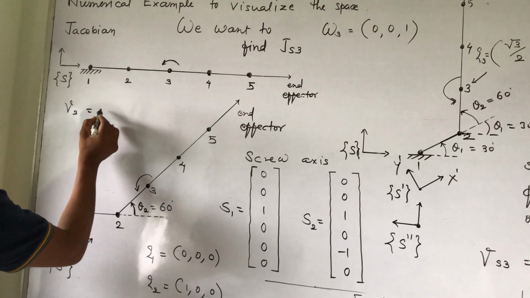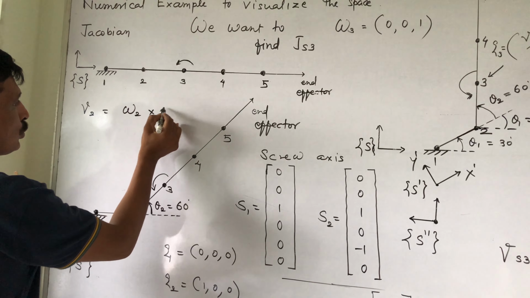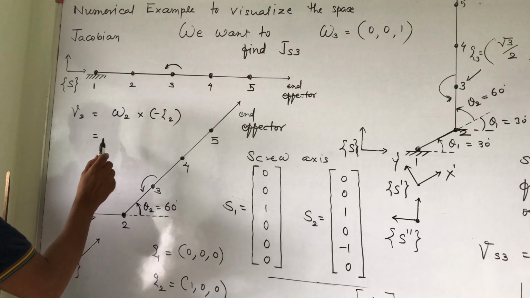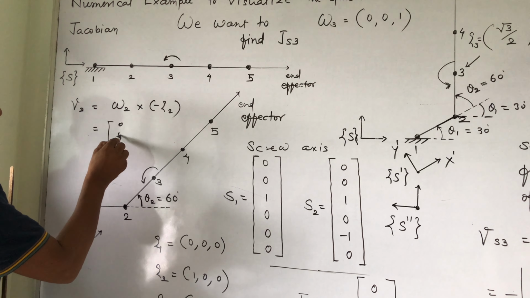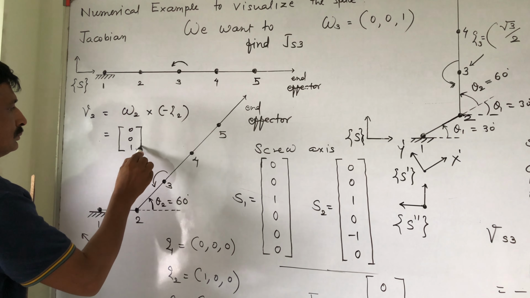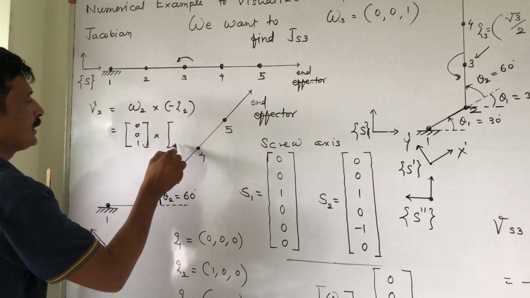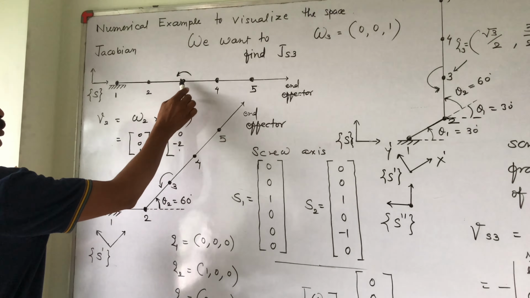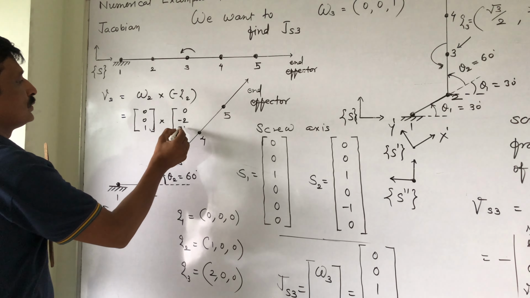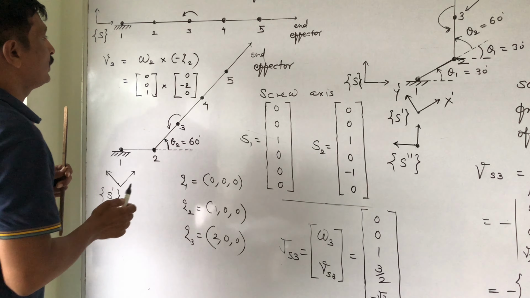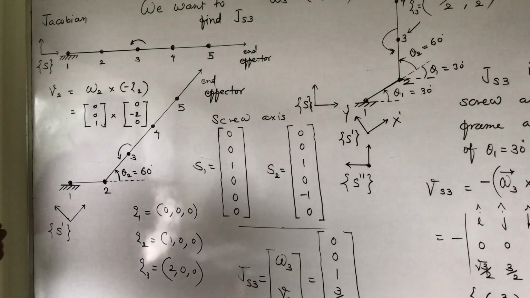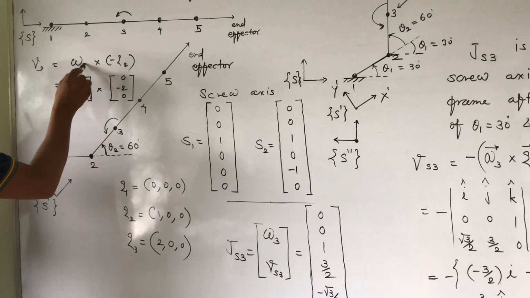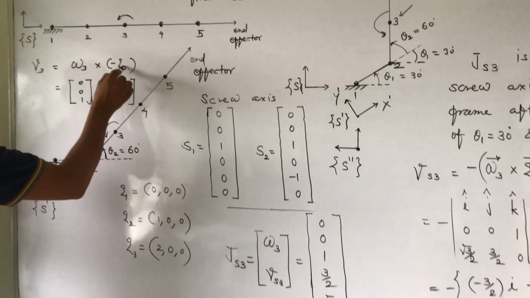Using V3 equals omega 3 cross minus q3. Omega 3 is 0, 0, 1, and cross minus q3, which is 0, minus 2, 0, because we are considering the rotating axis here. So this is V3, omega 3, and q3.